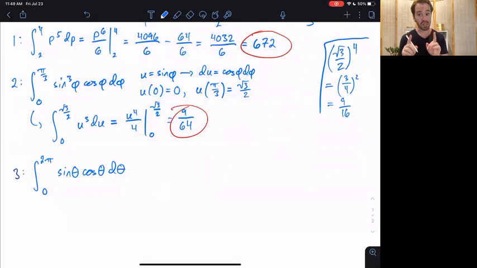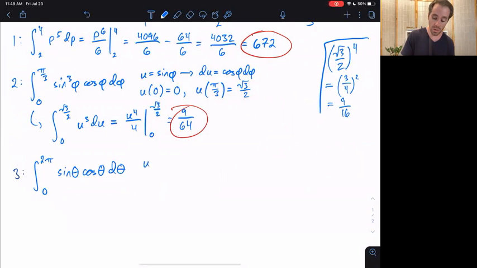Now, remember, we've seen this before. When you have sine theta cosine theta, you can do a u substitution, or you can also do a multiple angle identity. We did multiple angle identity in a prior video, so I'm going to say we'll do the u substitution this time.